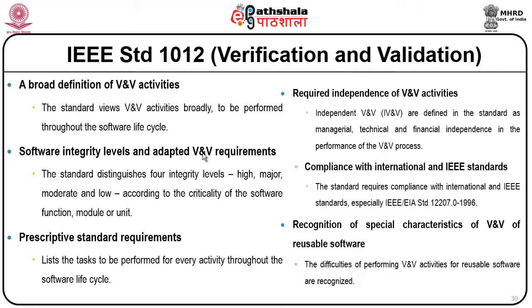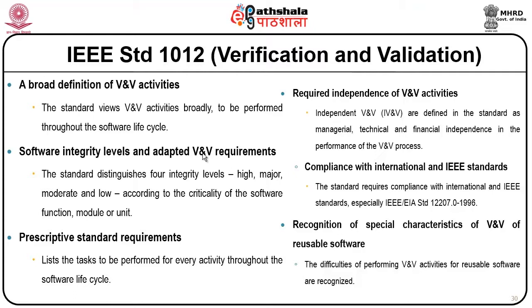Verification and validation. A broad definition of verification and validation activities. The standard views verification and validation activities broadly to be performed throughout the software lifecycle. Software integrity levels and adapted verification and validation requirements.